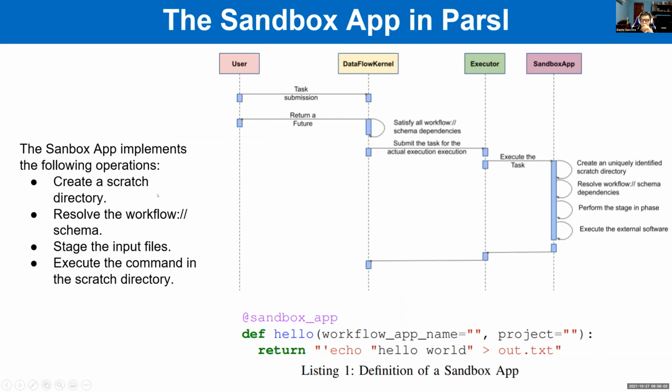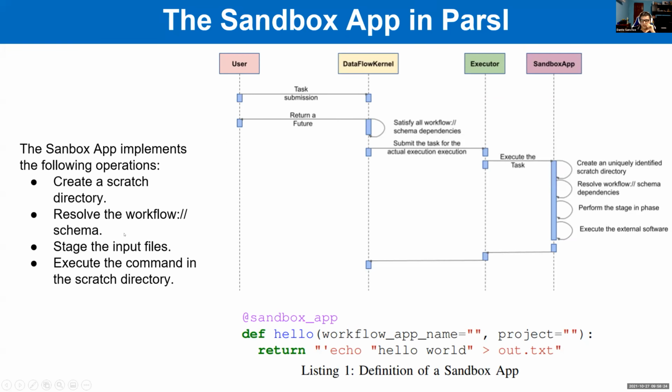To implement this workflow scheme in Parsl, we developed a new type of application for Parsl called the Sandbox app. The Sandbox app implements the following operations. First, it creates a Scratch directory for each task in the workflow.